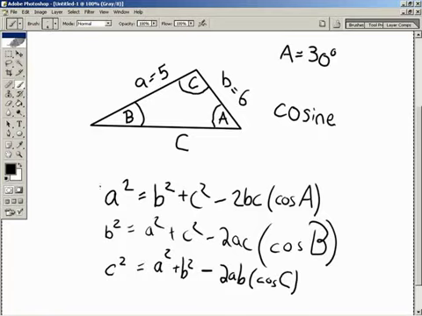So once again, it's the same formula. If you remember one form, you remember them all. And once again, you just plug in for A, B, and C, and you can solve for cosine of the angle that you don't know.